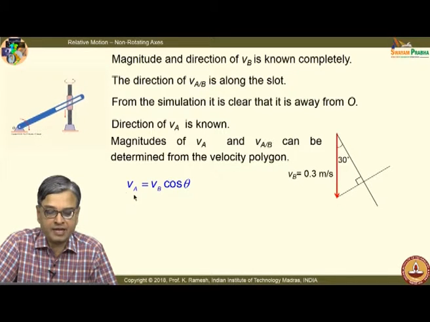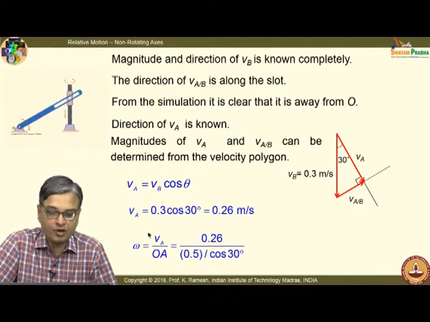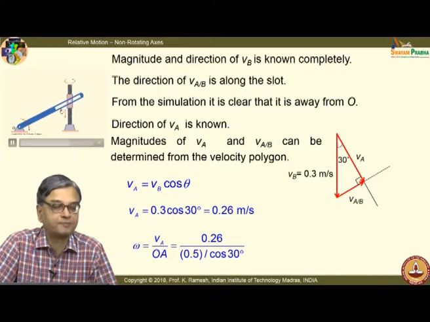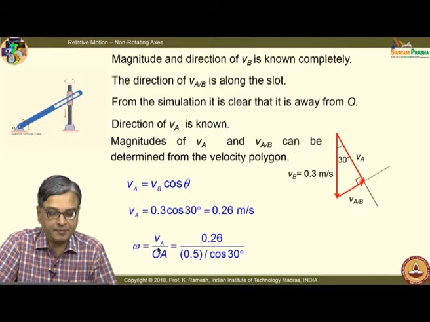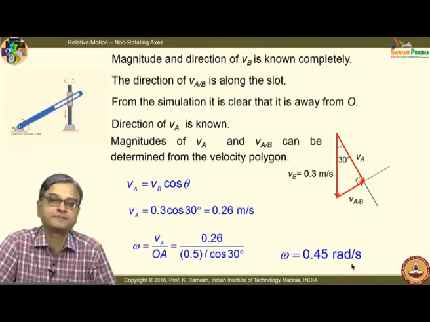I get VA as VB cos theta, and this turns out to be 0.26 meters per second. And I can also find out the angular velocity of the slotted arm. So, that is nothing but VA by OA, and you get omega as 0.45 radians per second.